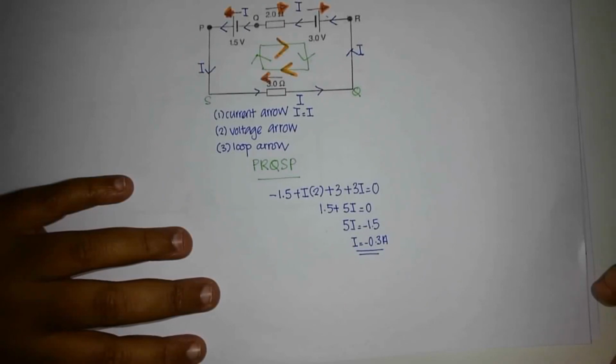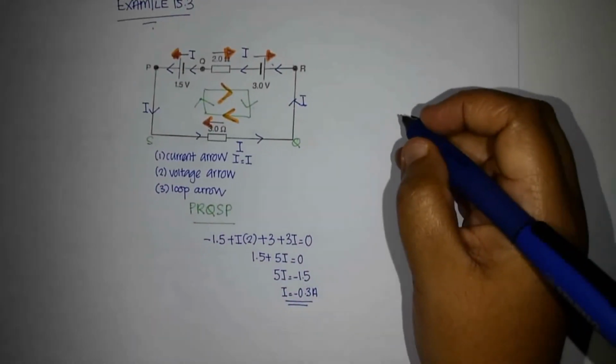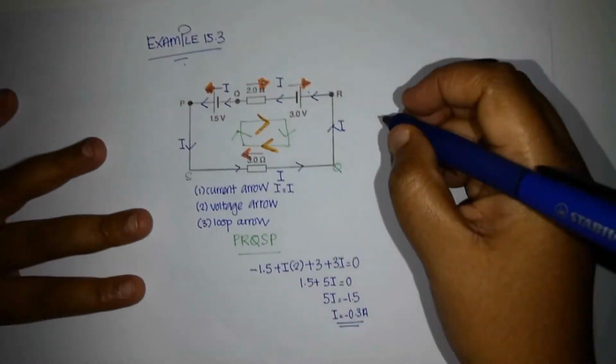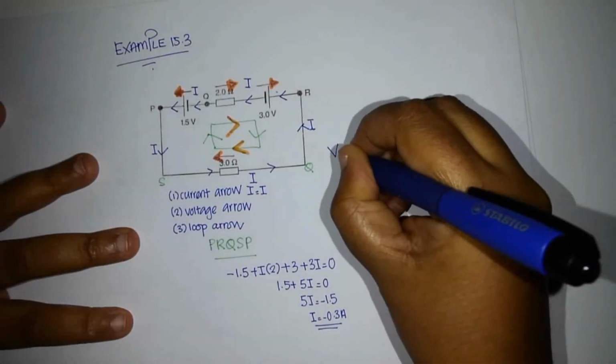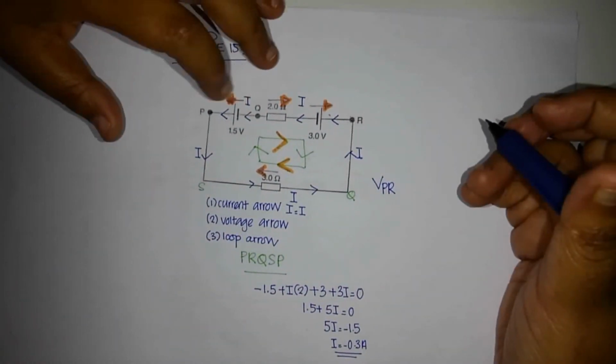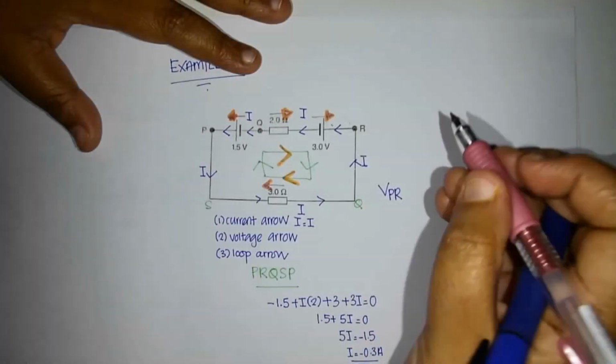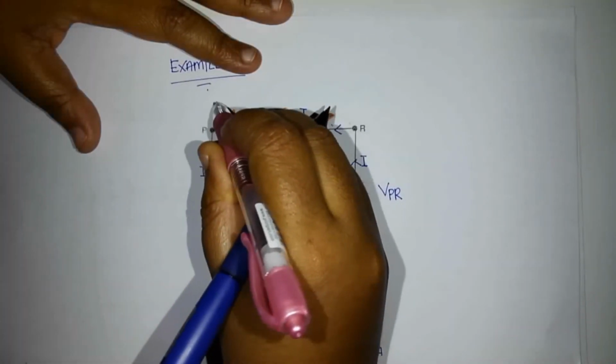Now we want to find the potential difference between P and R, which is VPR. VPR means P to R, from this point to this point.